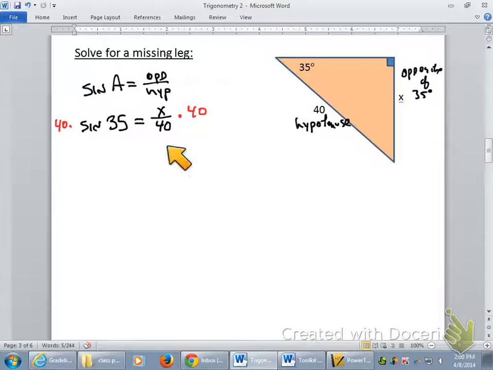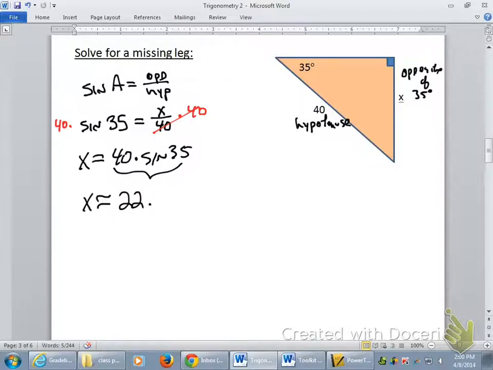What happens to the 40 in the denominator and the 40 that you just multiplied by? They go away. Good. And that leaves you with x is equal to, I switch sides, 40 times the sine of 35. Now remember, you've already told me that the sine of 35 is just some decimal, right? So go to your calculator and tell me. 22.9430. It's about 22 point... One more time?